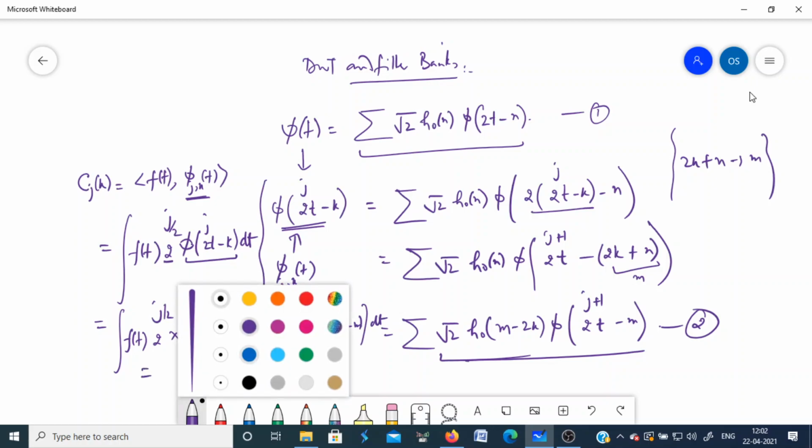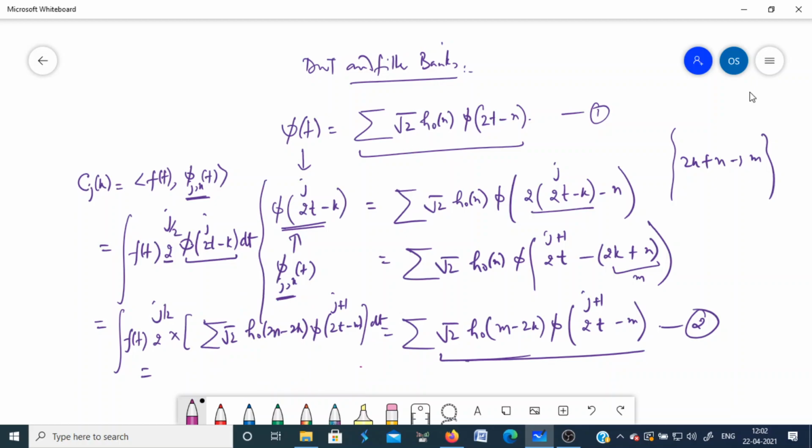If you arrange the order of integration and summation, you can write it as the summation of h0(m minus 2k) times root 2.